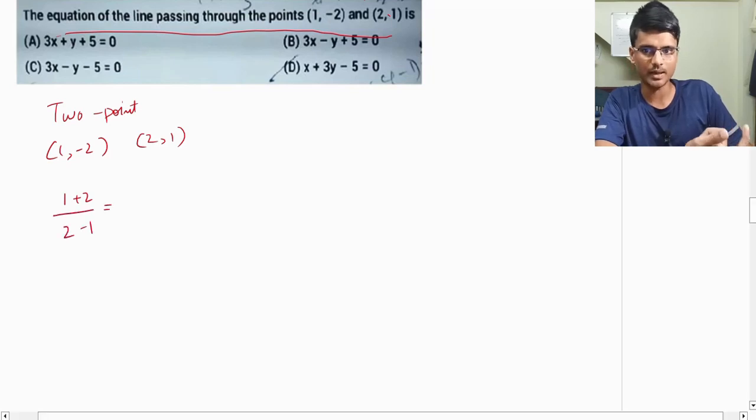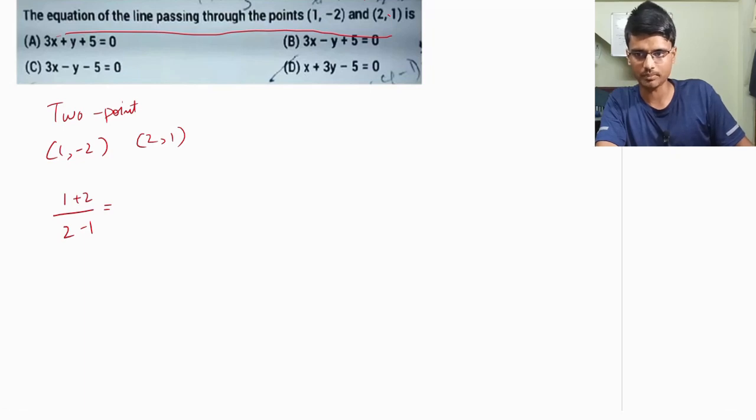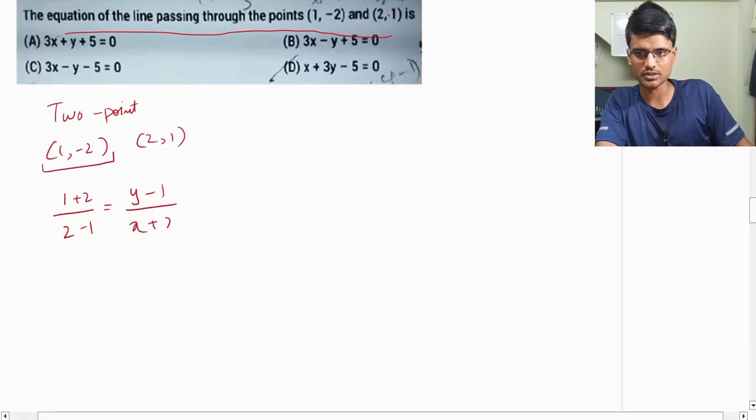And again, I'll apply the point slope form here. Now we have the slope. I'll take any point. Let me take this point, y minus 1 by x plus 2. So 3 by 1 is equal to y minus 1 by x plus 2, 3x plus 6y minus 1.